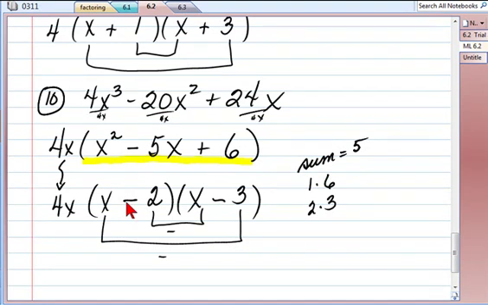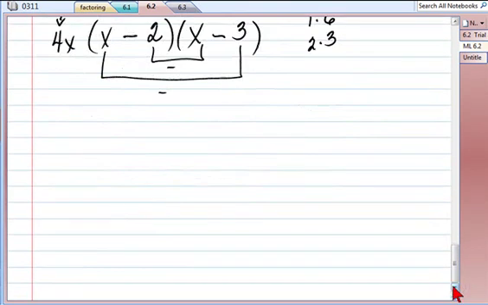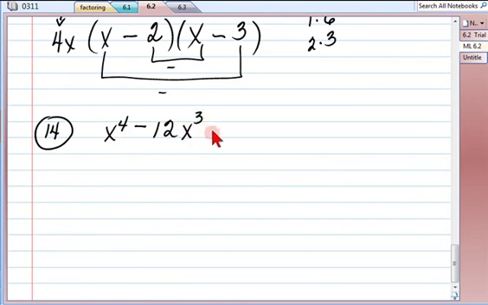All right, let's skip a few problems. Let's go to 14. I have x to the fourth minus 12x to the third minus 28x squared. And I'm supposed to factor that.